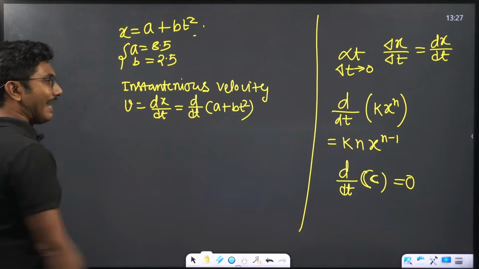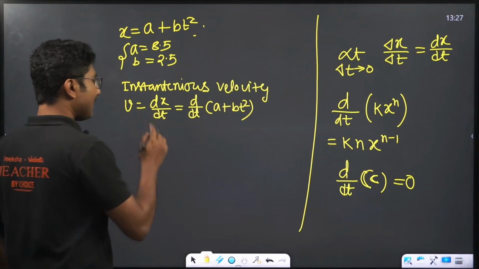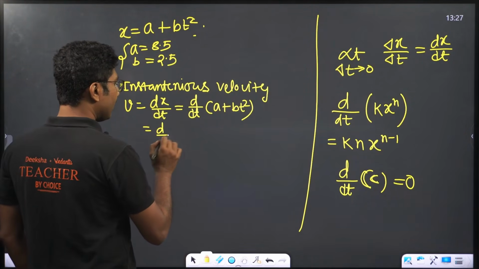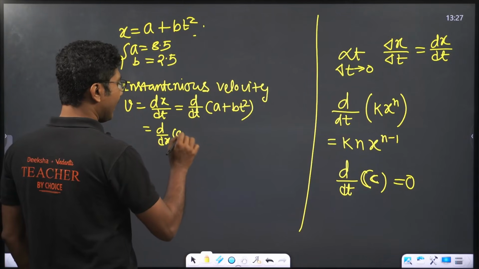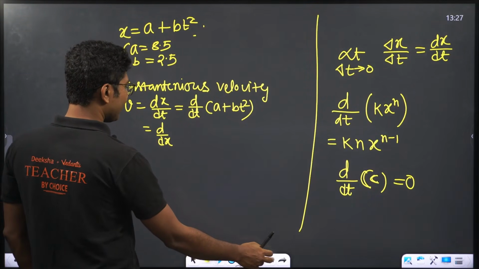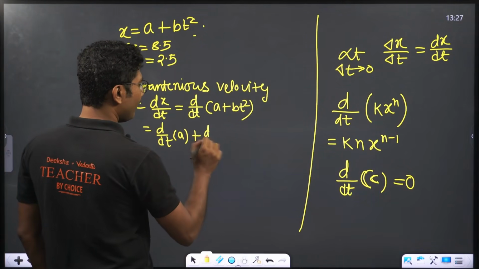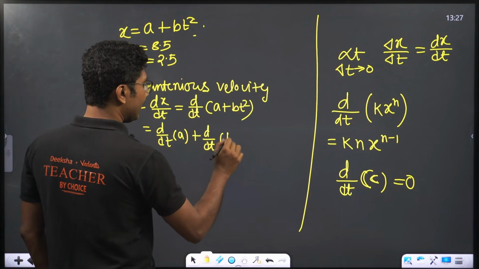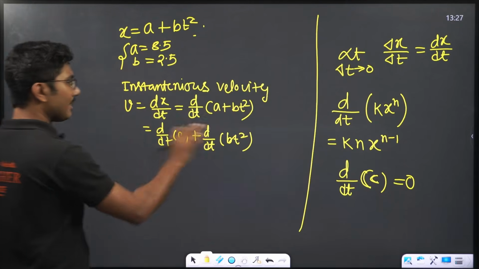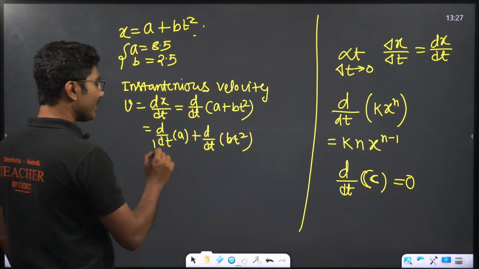Now obviously a is a constant, so whenever you are doing this addition, you can do it as d/dt of a plus d/dt of bt square. Just like multiplication, you can do it normally.